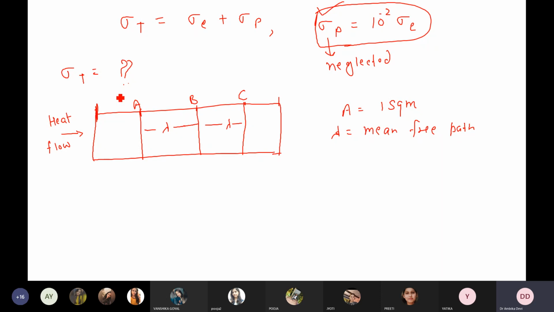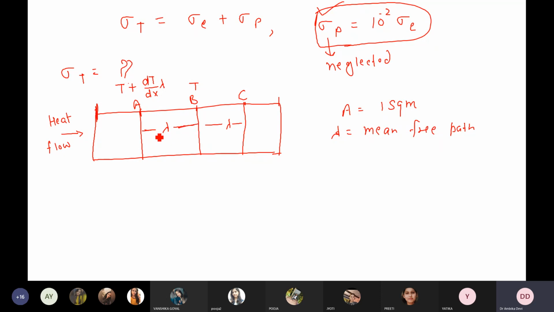Let us assume that if T is the temperature at point B, then at point A the temperature will be T plus dT by dx, the rate of increase of temperature with respect to x, multiplied by lambda, because here the distance is lambda.